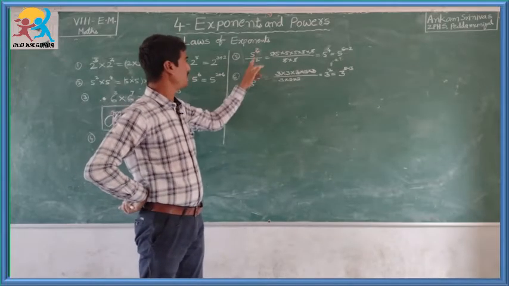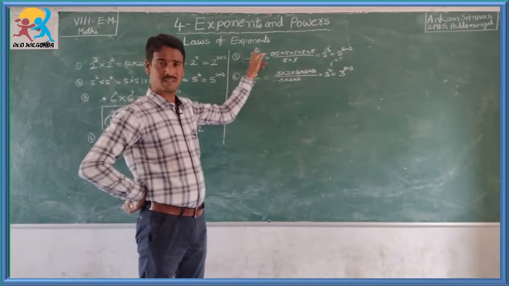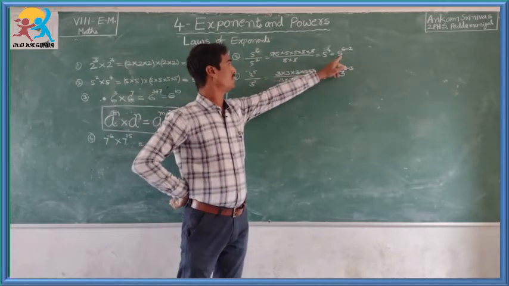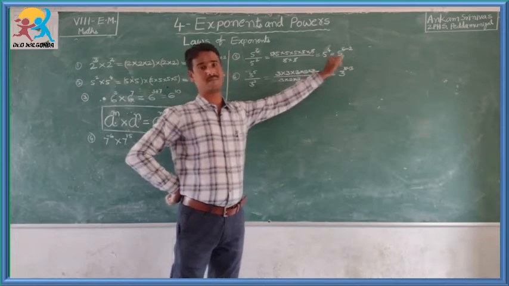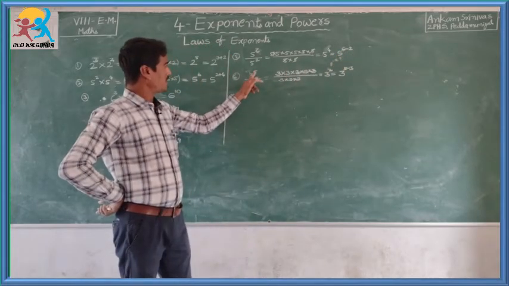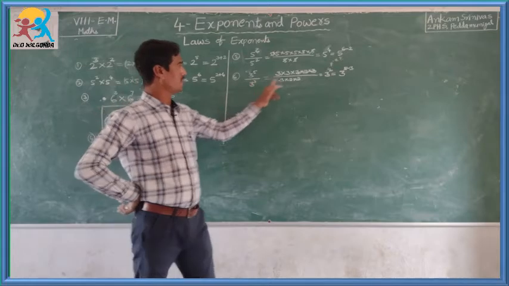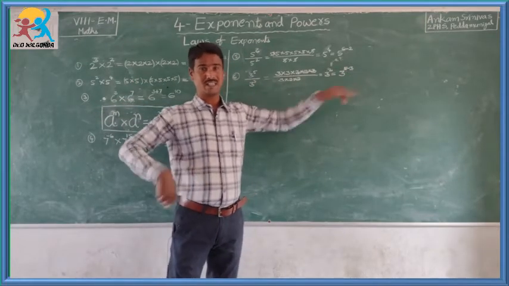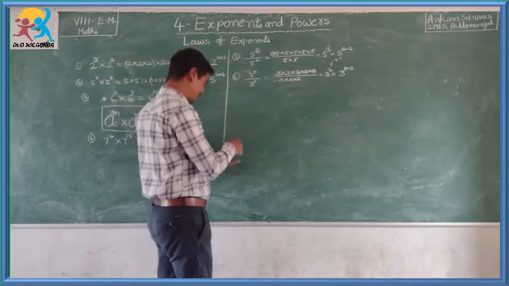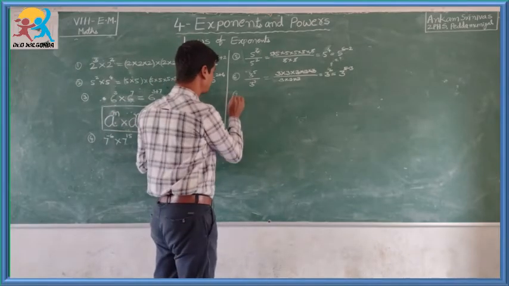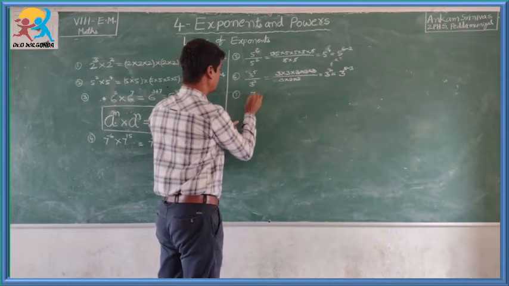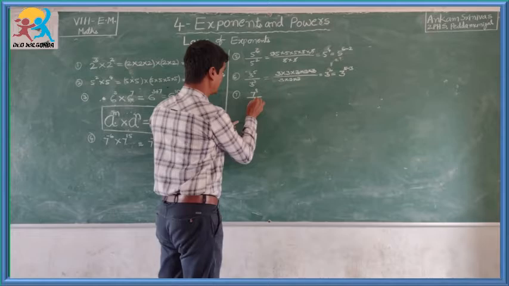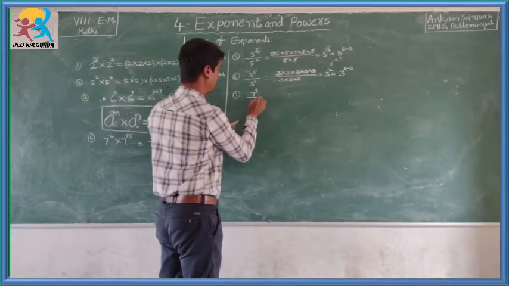So if you observe these two examples, 5 power 6 by 5 power 2 is equal to 5 power 6 minus 2. 3 power 5 by 3 power 3 equal to 3 power 5 minus 3. Can you expect the answer for this example? 7 power 8 by 7 power 3.